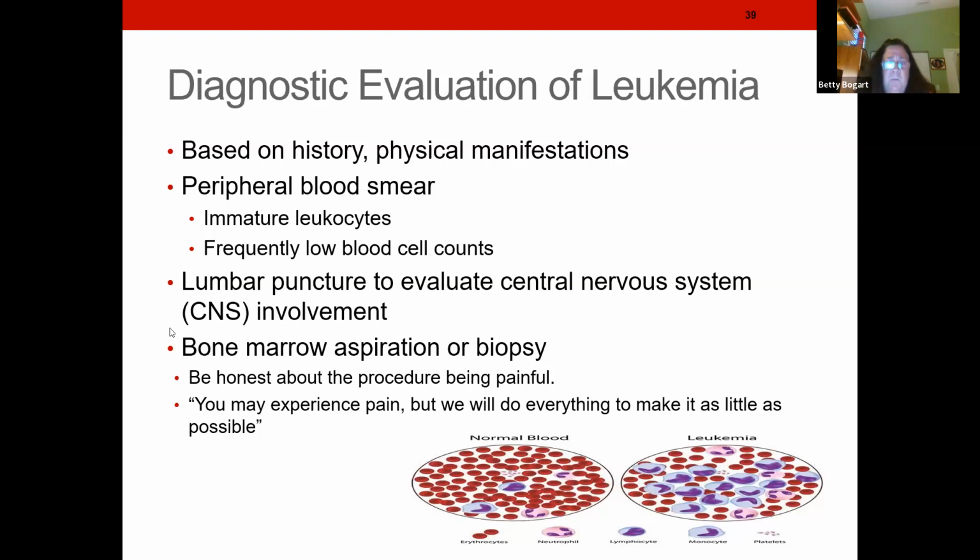So the parents brought her in and they did a CBC, right? First thing we look at, bleeding, bruising. So they did that. And they found the immature leukocytes in the blood smear. They found a white blood count of 0.1. It should be what, 5 to 7, some there or higher, white blood cell, which means this is why, and she also had this fever too, like flu-like stuff going on.